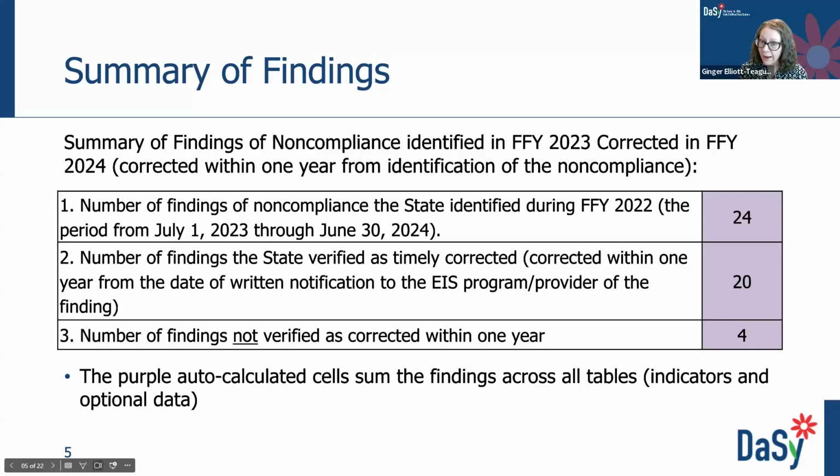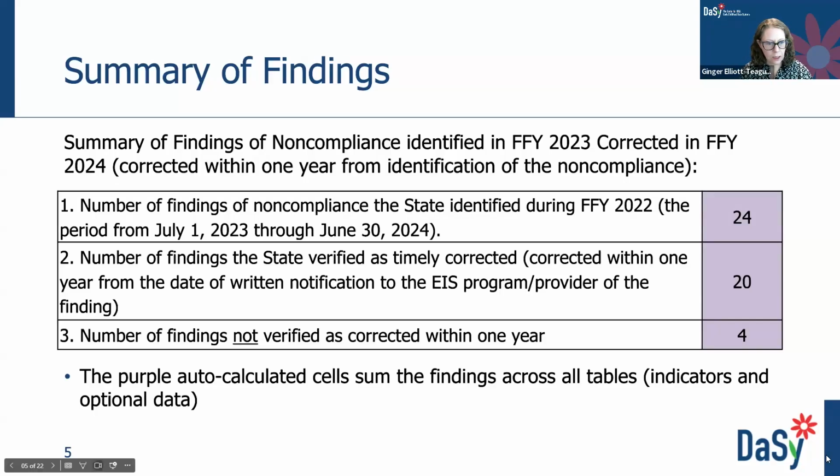However, double check the numbers here, because the information here will carry over to next year. So if you have subsequent correction, or correction that wasn't done within that following year, just make sure that these numbers are correct, because you will have to respond to them. So that's your summary data.